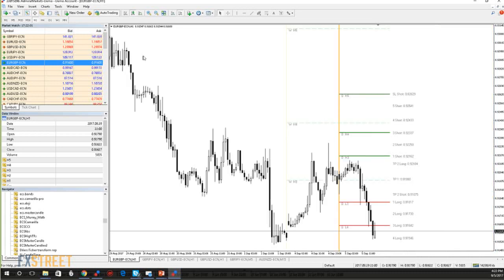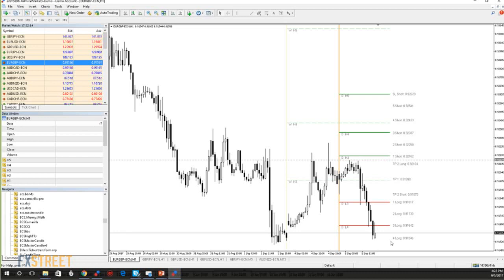Okay, let's see. For example, I don't know, Euro GBP. Okay, very, very close. You see the price was here. But let's say that you open actually a short trade here. Watch what happened. So you do this only once per day, okay? Whatever is hit first.